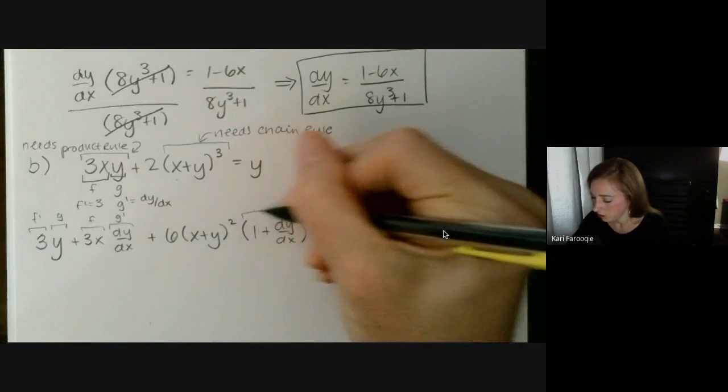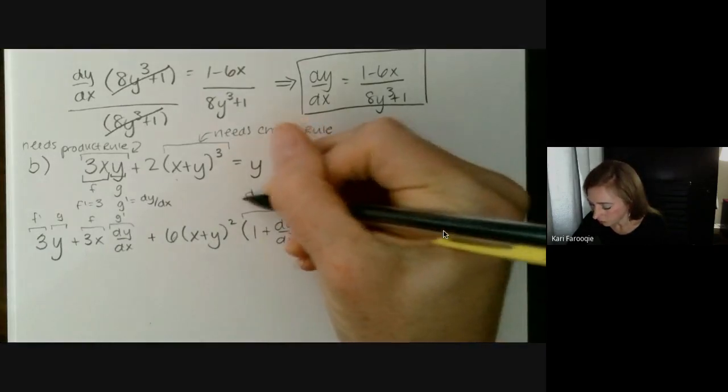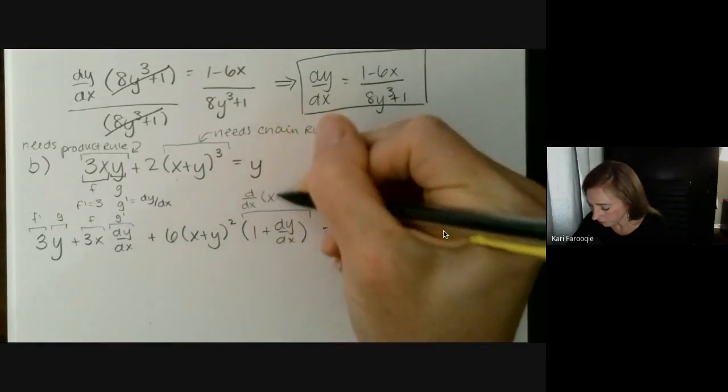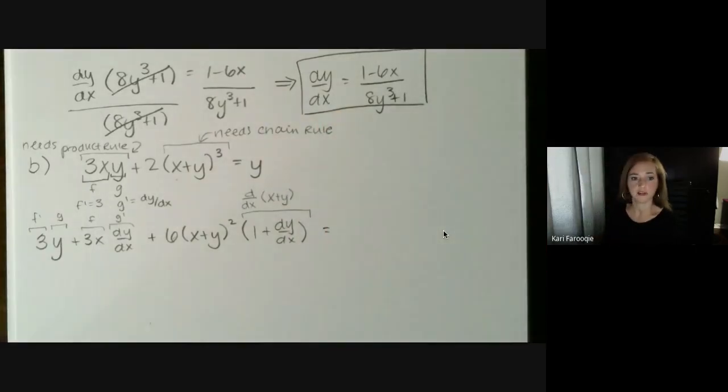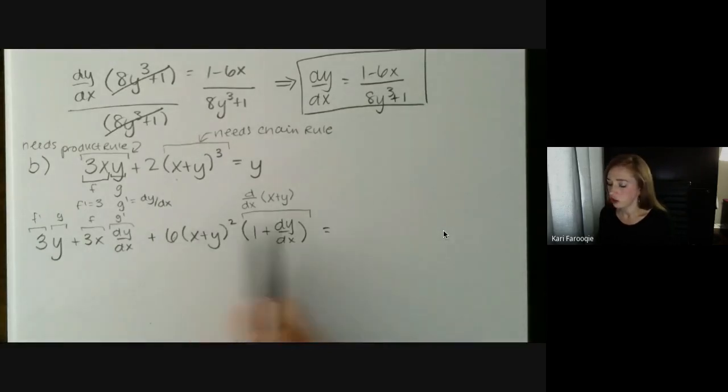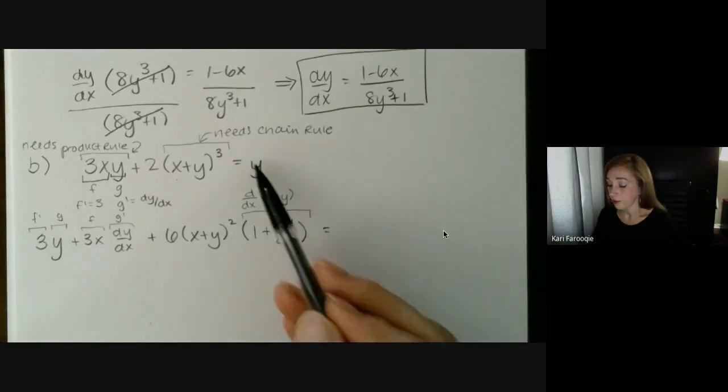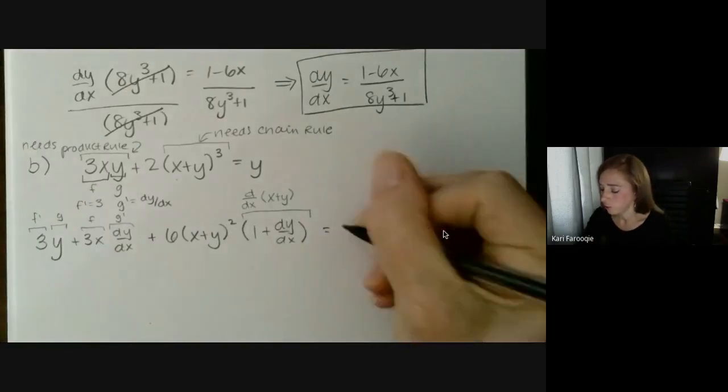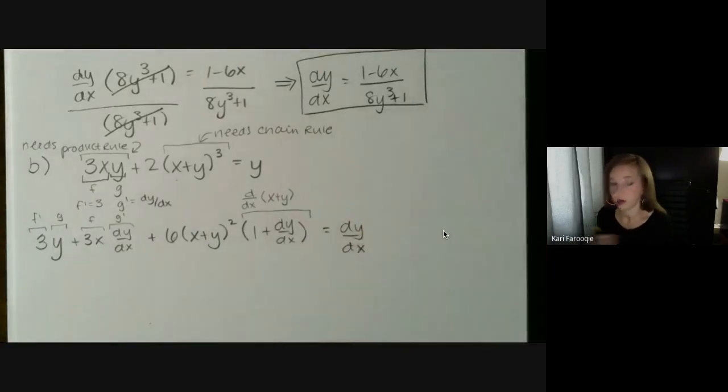So this right here is the derivative with respect to x of the inside function x plus y. Okay, any questions on the chain rule usage here? On the right-hand side, you just have a y. The derivative of y with respect to x is dy dx.